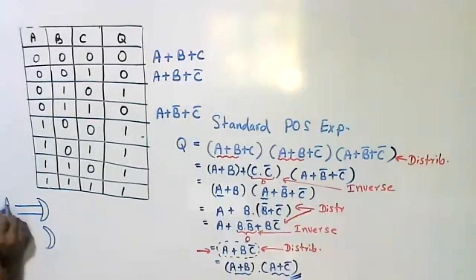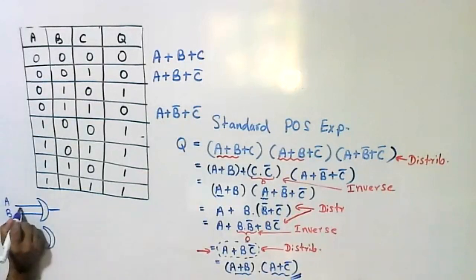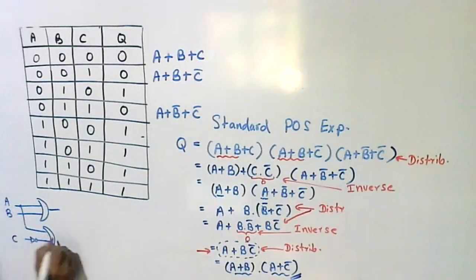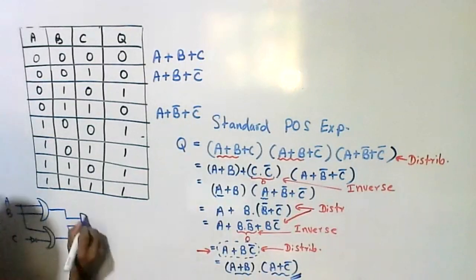A, B are the inputs of the first OR gate. A, C bar are the inputs of the second OR gate. C bar is there, so I have to include a NOT gate. Then in the middle the AND gate is there.